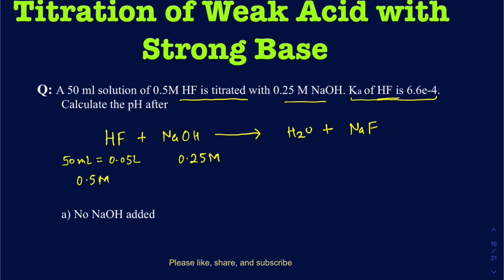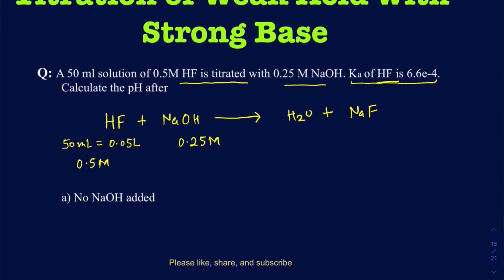In addition to writing the equation, also figure out how many moles of the acid you have present in the solution, because when you start titrating it, you've got to figure out how many moles are being titrated by the given amount of base.